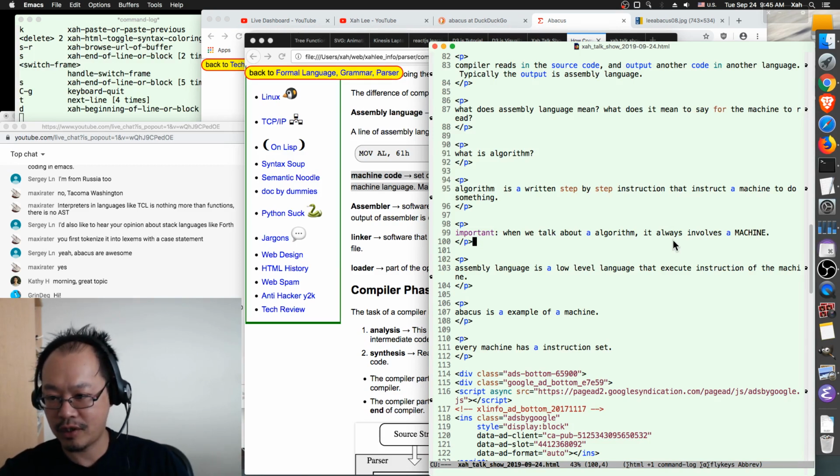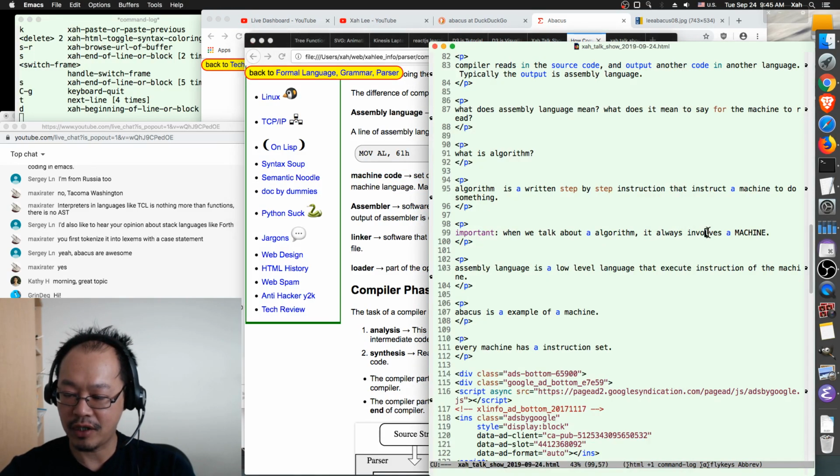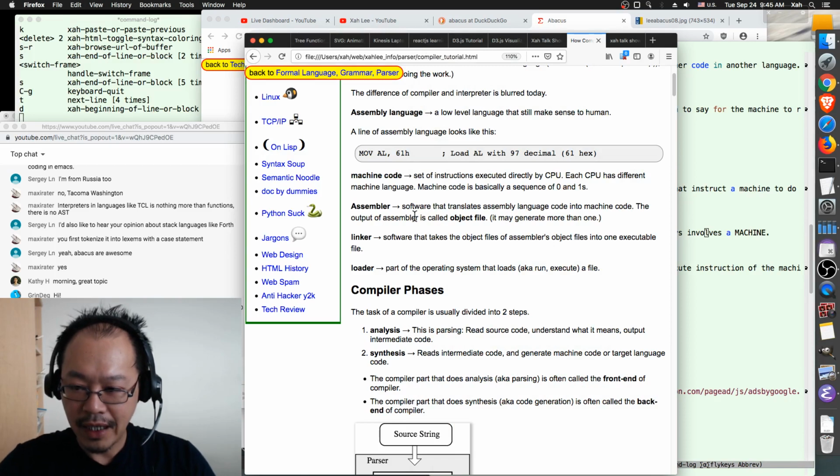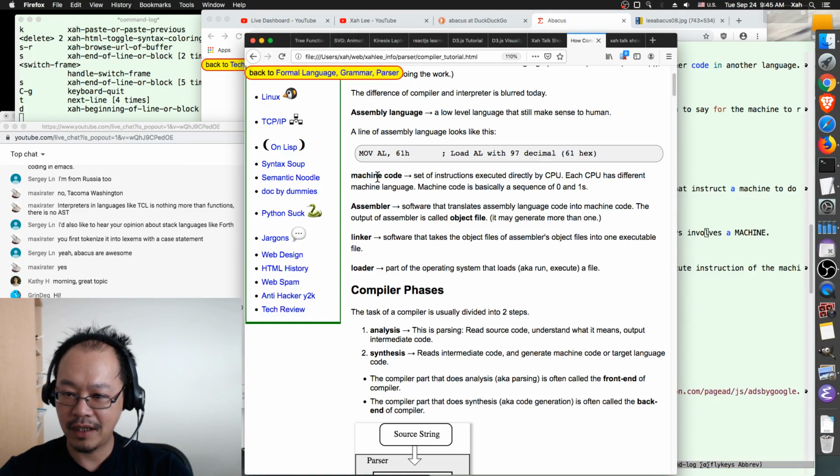But assembly and machine code are machine languages. So they are kind of the same. The only difference is that machine languages are unreadable to humans, because they are too low level.